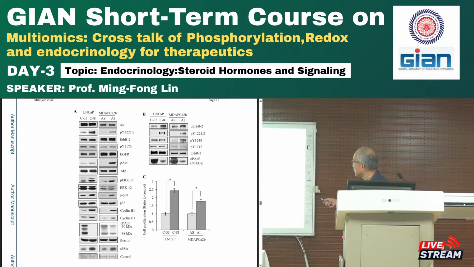So this just shows you the cell proliferation. This C81 cell indeed grows faster than the C33 cell, and the MDA cell, the AI cell, androgen independent, grows faster. So when the cell growth increases and becomes androgen independent, ERB2 phosphorylation at tyrosine 1221, 1222 is a correlated site.